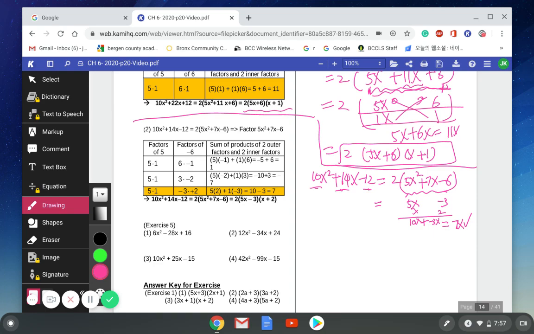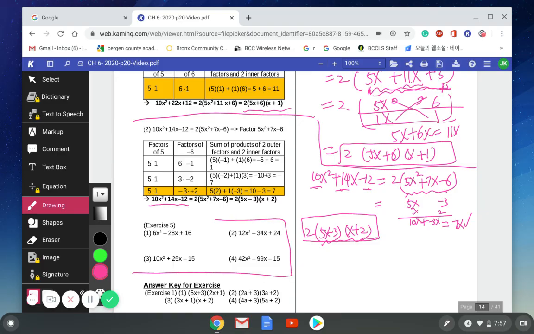So the final answer becomes 2 with 5x minus 3 and x plus 2. Okay, and when you FOIL all of this, and then you multiply by 2, you end up with the original question, 10x squared plus 14x minus 12.